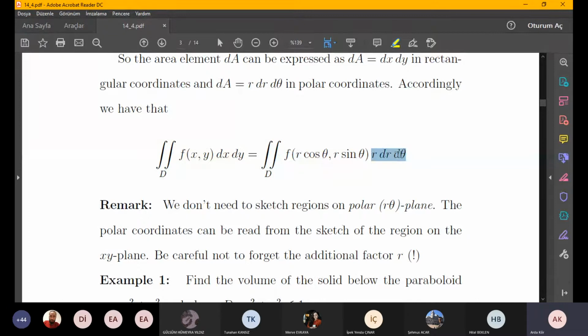That comes from writing x in polar coordinates as r times cosine theta, and y as r times sine theta, and dA equals r times dr times d theta.